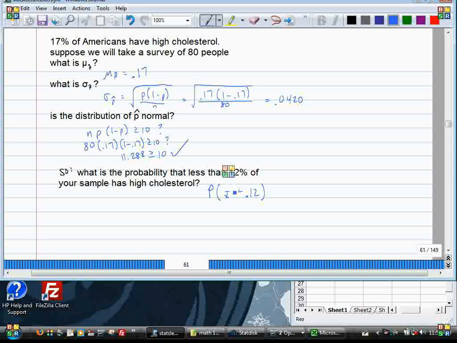But is this question about a mean? No, it's P hat. What does P hat mean? It's the proportion of the sample, and that's what we're talking about. We're talking about a sample, and 12% is a proportion. So it's P hat. So this is what this question is asking.